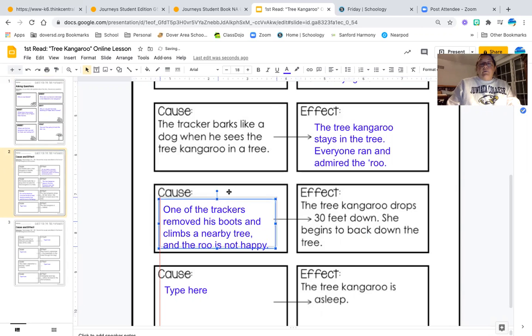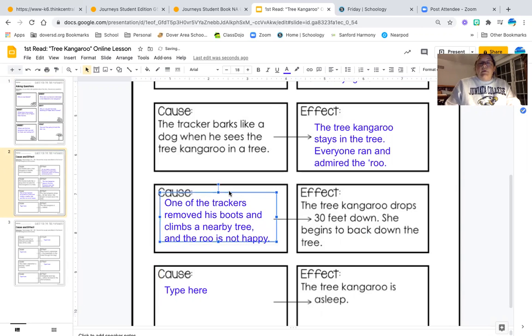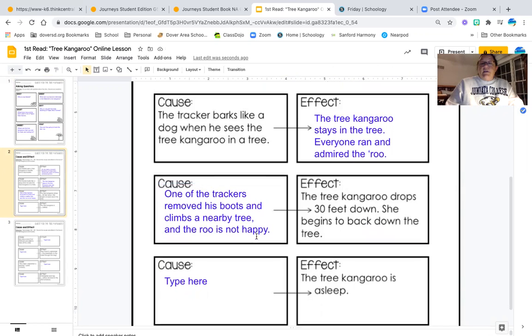Okay, so because one of the trackers removed his boots and climbed a nearby tree and the roo wasn't happy, that roo started climbing and ended up dropping 30 feet down because it got scared. That's what I think. I think it just got scared.